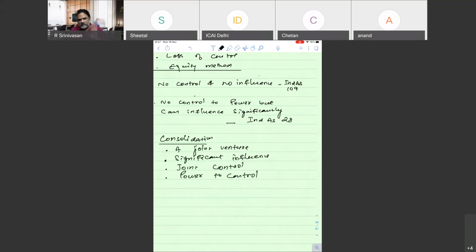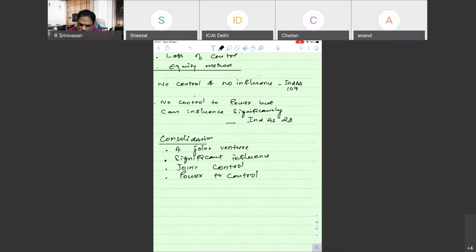In all these cases, consolidation will be done. If a company is a joint venture company, it has to consolidate. The entity has significant influence on another company, yes. Joint control, they have, yes. Power to control, yes. The first three cases you will be using Ind AS 28.